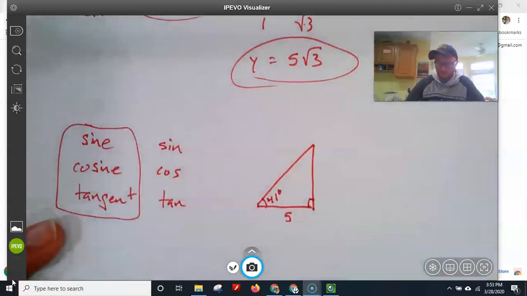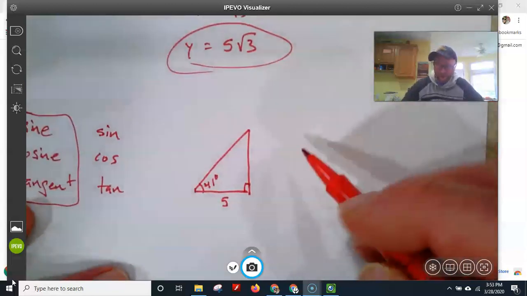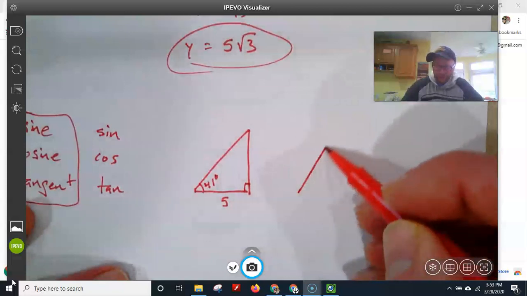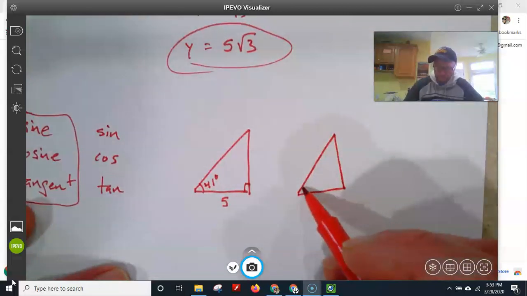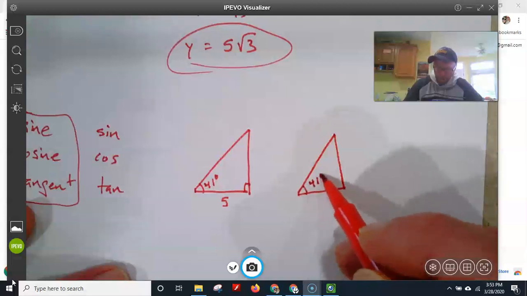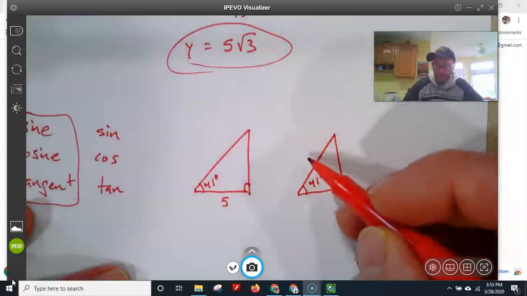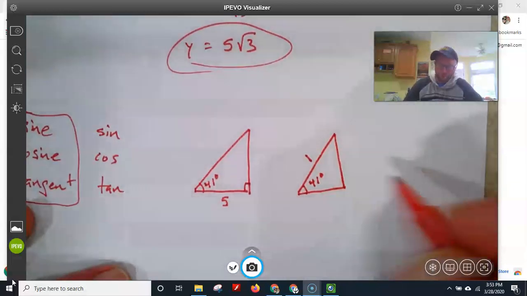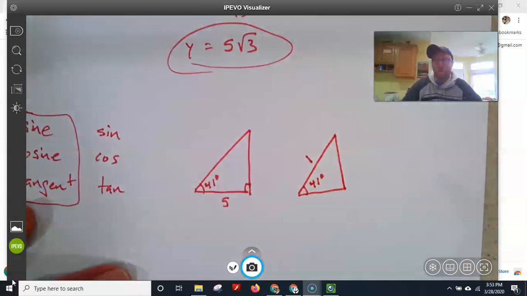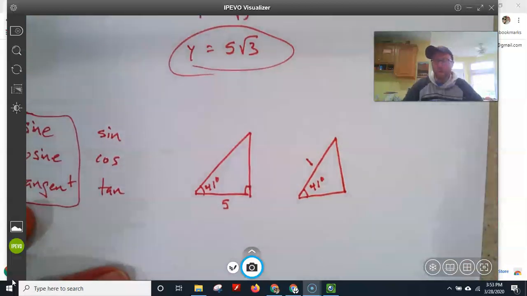Well, it turns out that there is a right triangle with a 41 degree angle right here, and a hypotenuse of 1. And we know the other two side lengths.